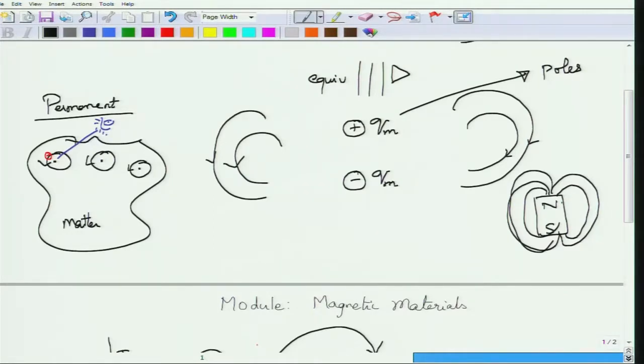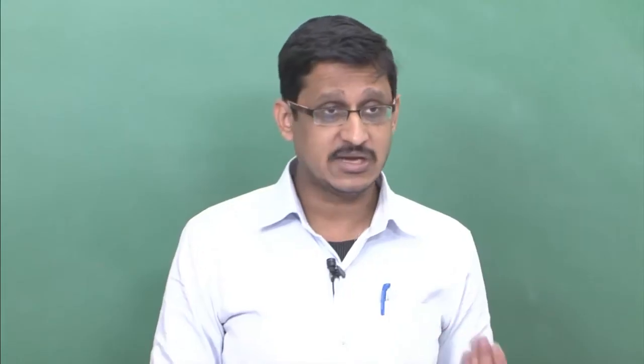Permanent magnets are those which have some magnetic field, and the reason is simply that they have these tiny current loops inside which are all aligned with each other. But please remember, if you take a piece of magnetic material, you will find a large number, billions and billions, of such magnetic dipoles.